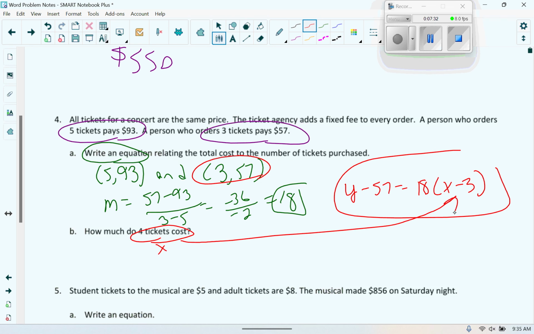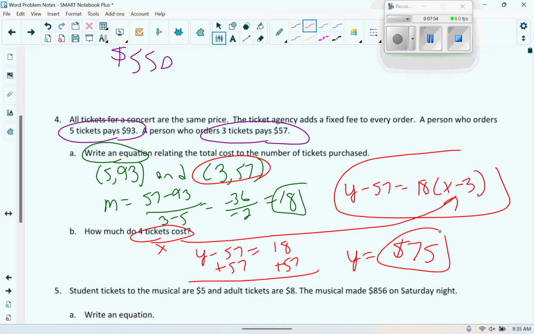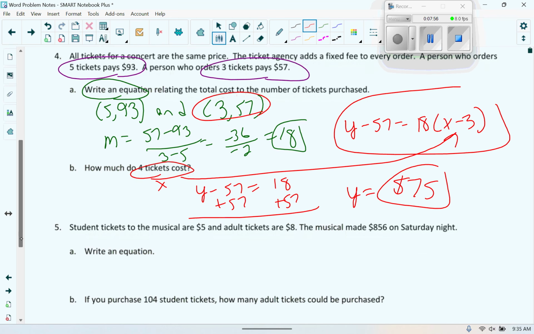So I'm just going to plug x in right here. So I have y minus 57 is equal to 4 minus 3, so that's 1, so that's 18. And I'm going to add 57, and that ends up being 75. So it's going to cost $75 to buy 4 tickets.